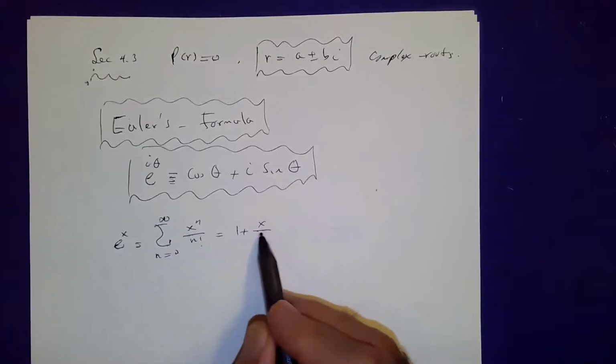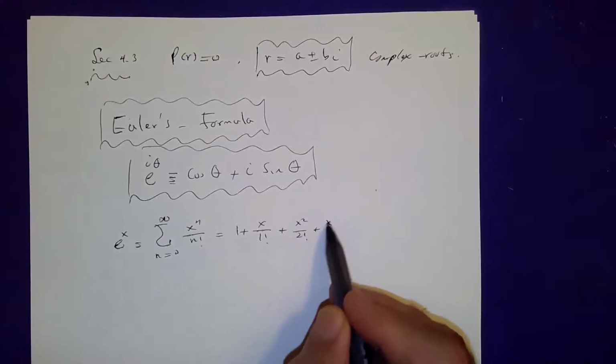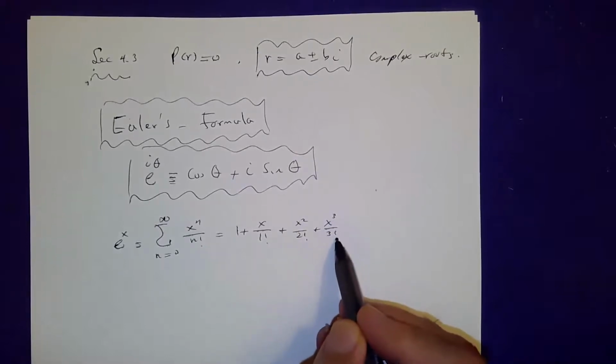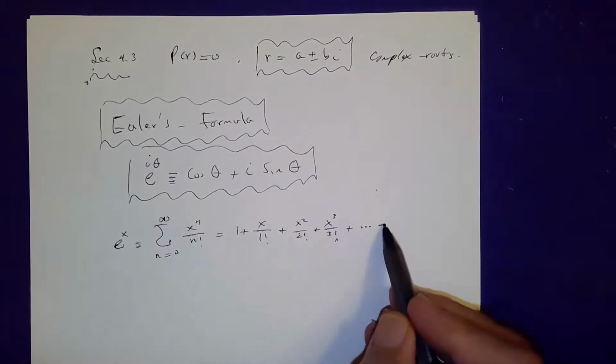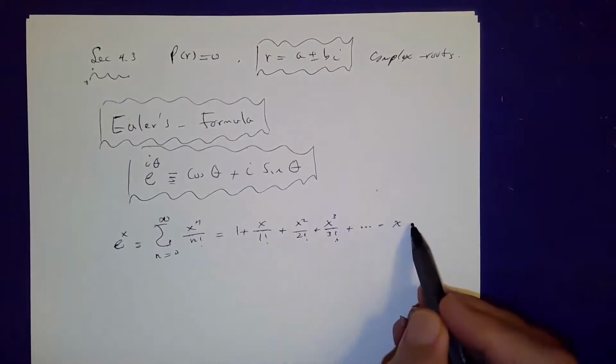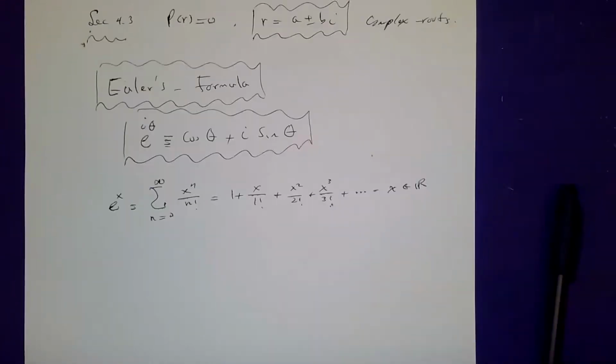So if you expand this, you get this power series. And the domain of this power series is what? x is all real numbers. So this is the domain of convergence. In other words, this converges for all real numbers. There's absolutely no restriction.